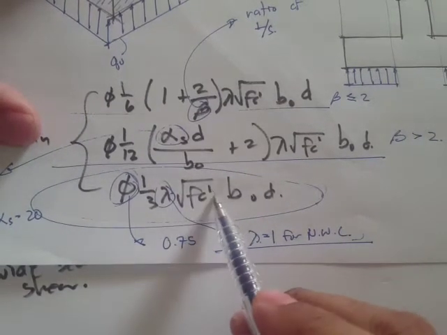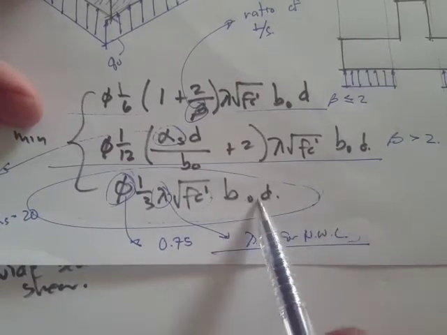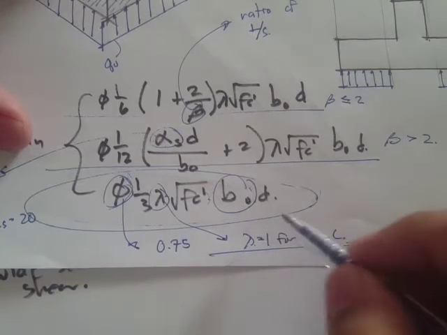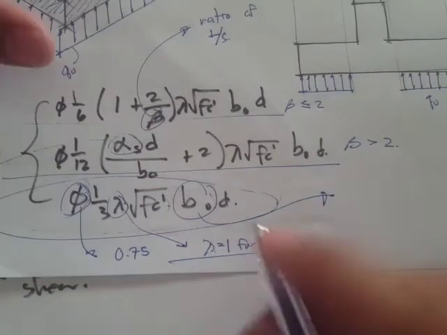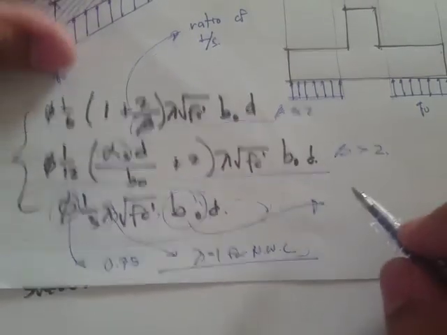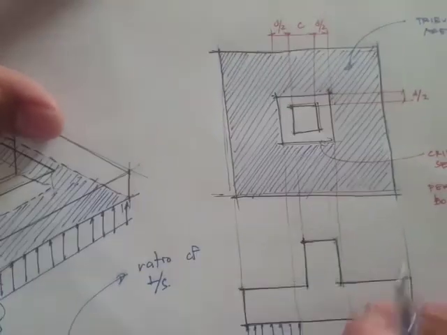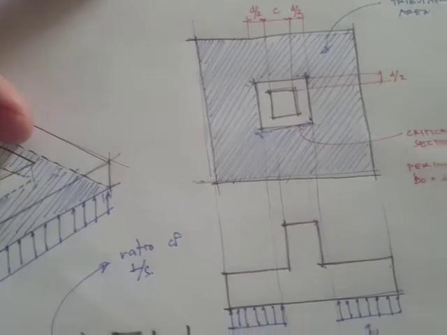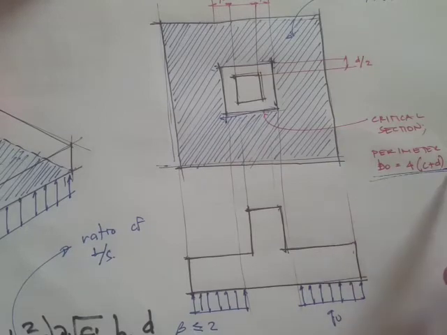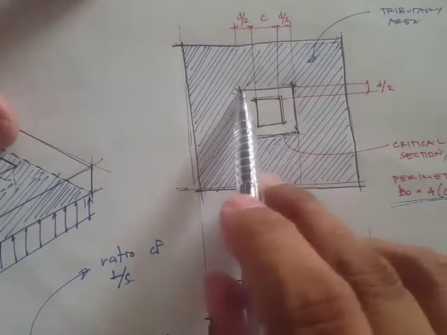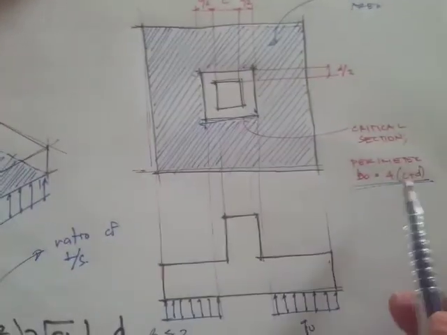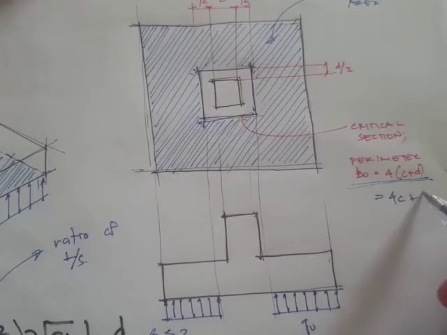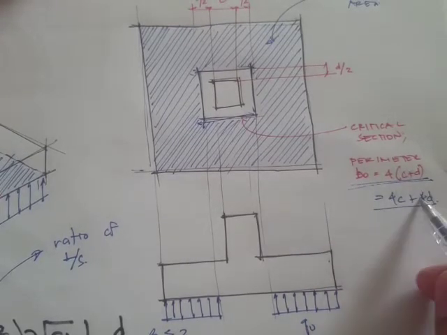This fc prime is the compressive strength of concrete, and b sub o, you can just call it B naught, is the perimeter at the critical section. So what is this perimeter? For a square, it's simply the sum of the four sides, which can be simplified as 4 times (c plus d), or 4c plus 4d if you distribute this.